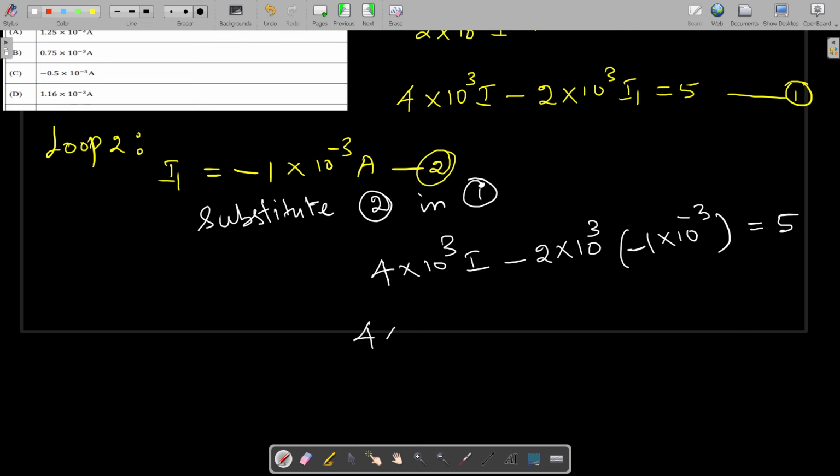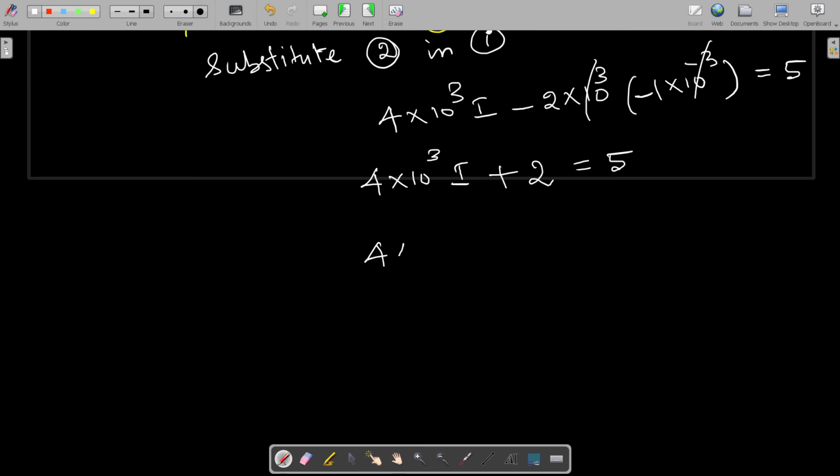It is 4 into 10 power 3 I, minus of minus becomes plus, and 10 power 3 and 10 power minus 3 cancel, so you get 2, equal to 5. That means 4 into 10 power 3 I equals 5 minus 2, which is 3.